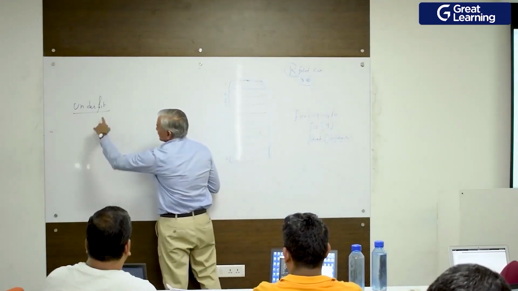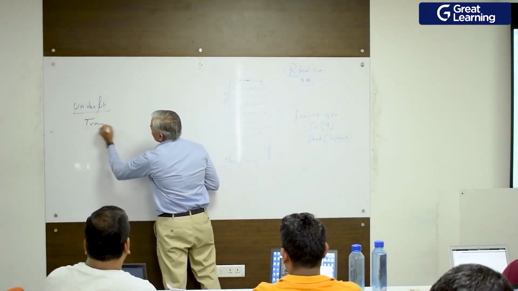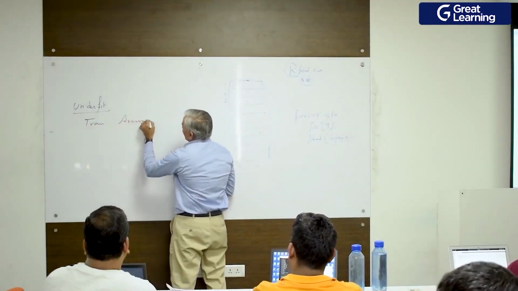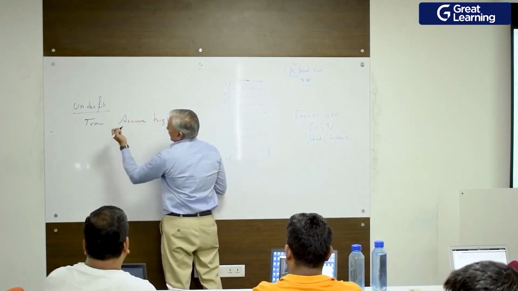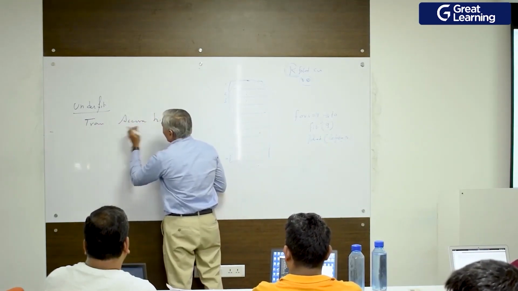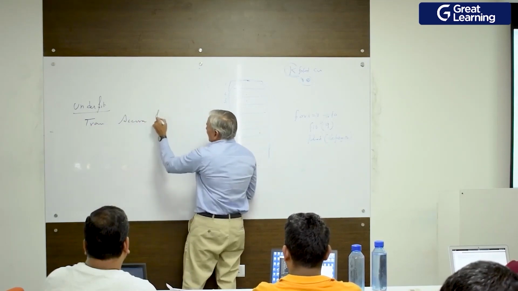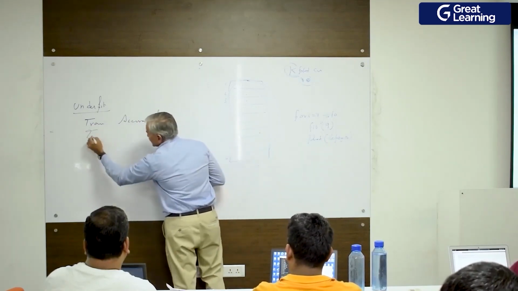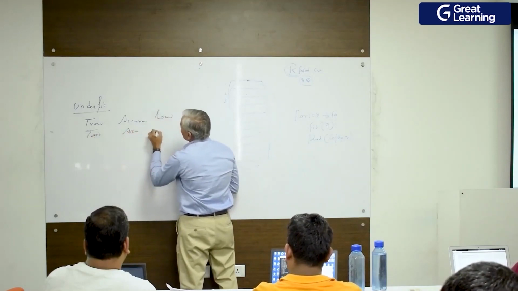Underfit is the case where training set accuracy is very low, and in the test set also accuracy is very low.